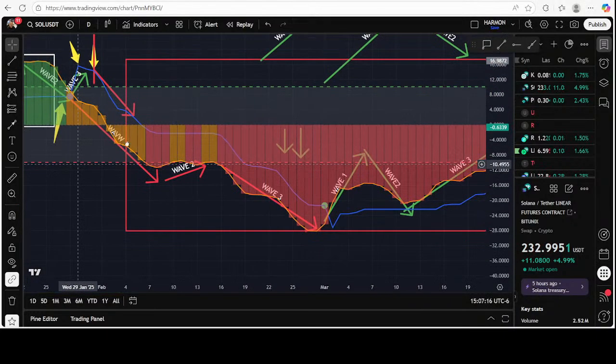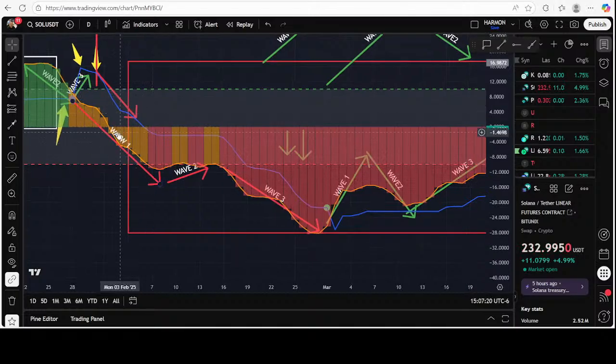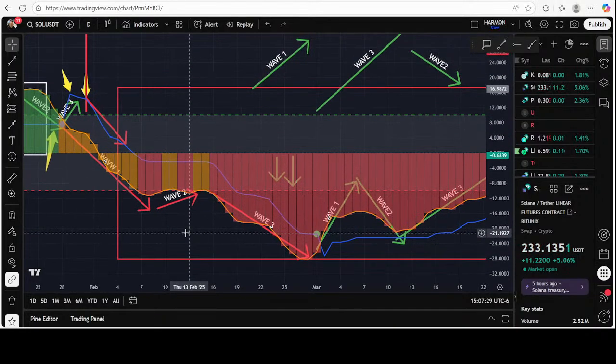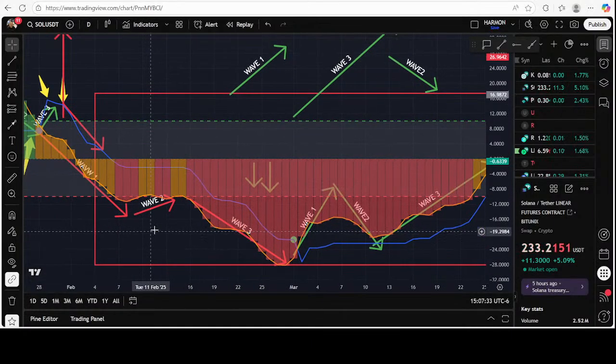So here you can see you have all this opportunity to make a short position. And the best part about this is once it breaks past the negative, you can hold this position because you know that the only way that it's going to go the other direction, to a long position, is when you have a green moon. So you can see here on this downward movement, we can short down. It bounces up here.